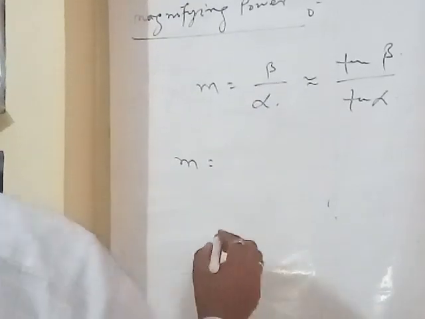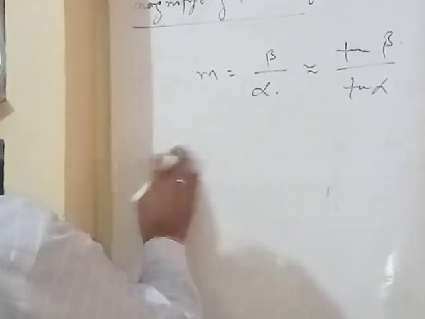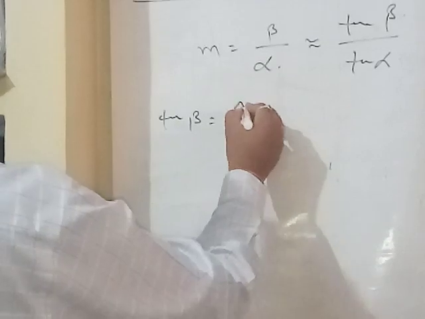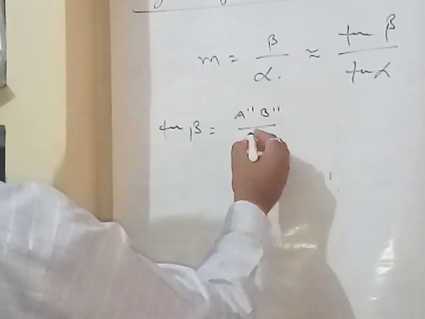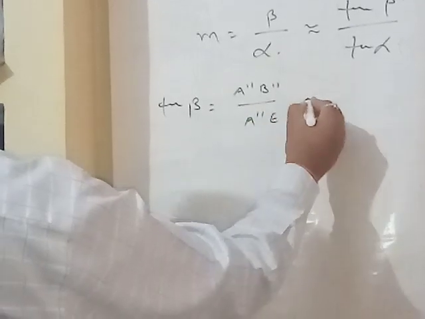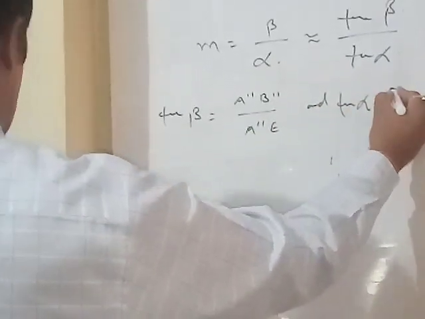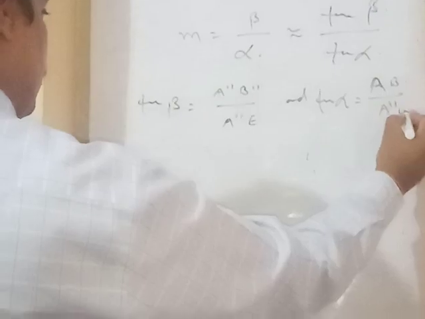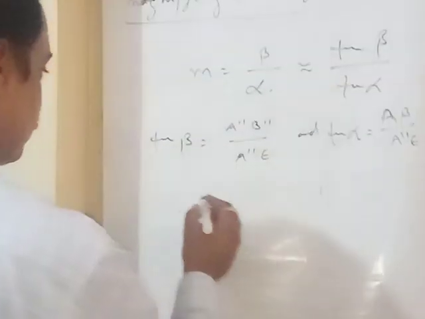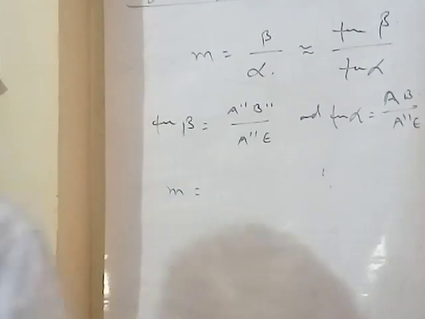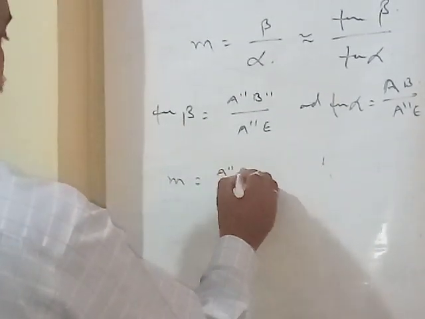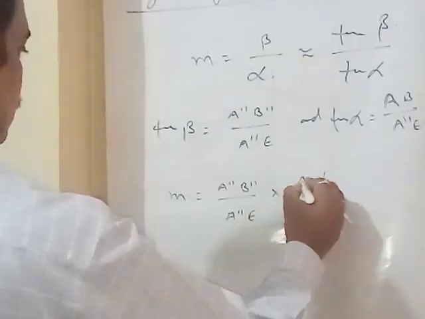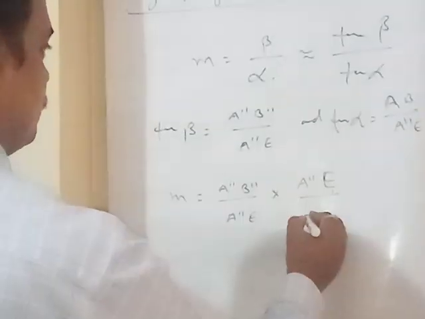Using the above diagram, we may calculate tan beta as A double dash B double dash upon A double dash E, and tan alpha as AB upon A double dash E. Now m equal to tan beta by tan alpha, that is A double dash B double dash upon A double dash E into A double dash E upon AB.